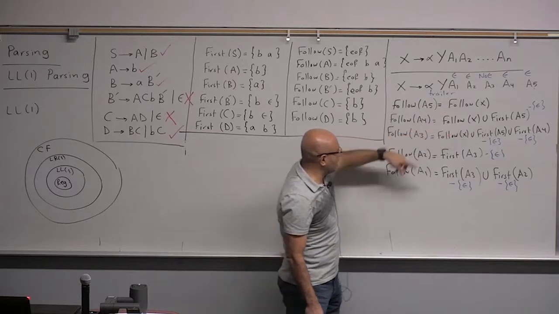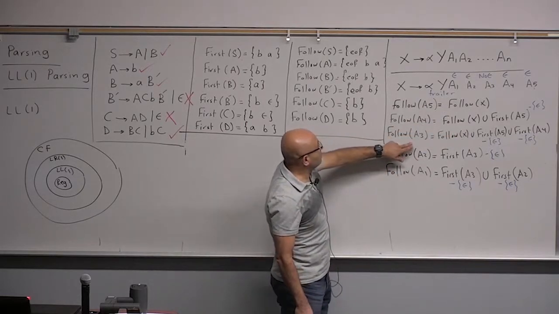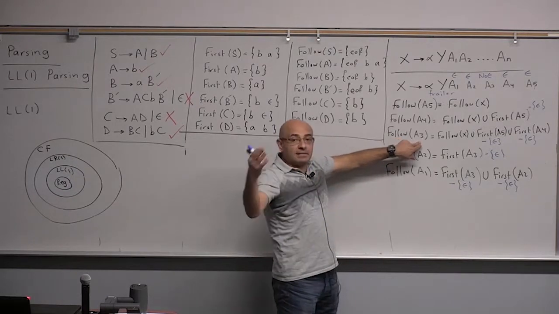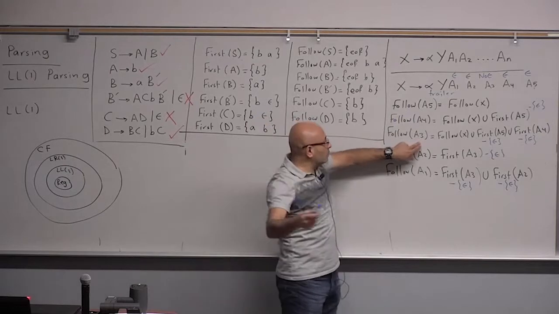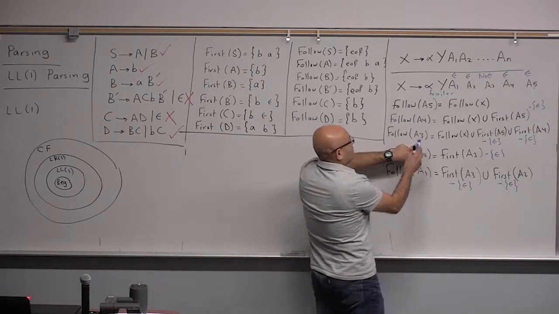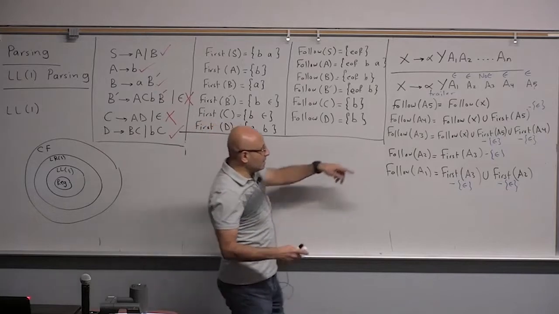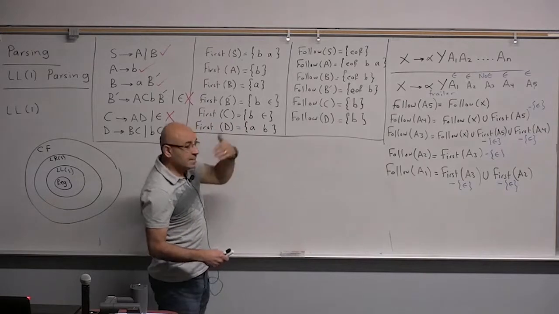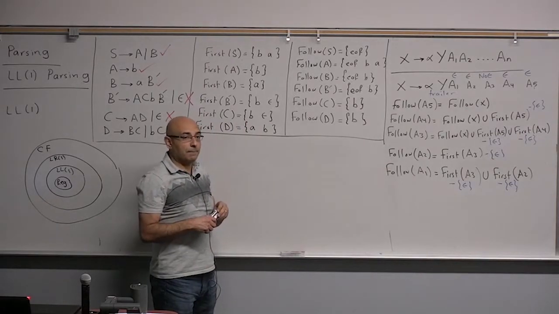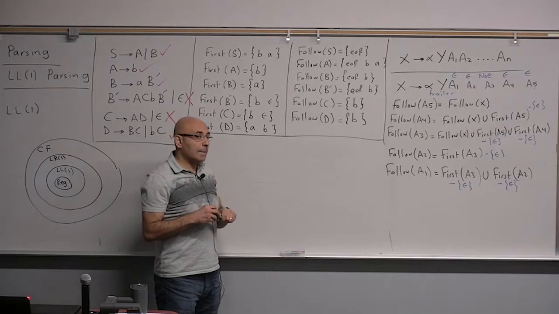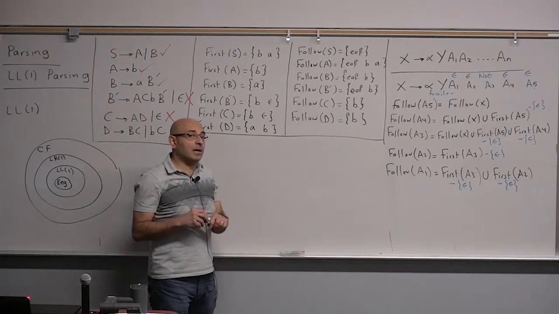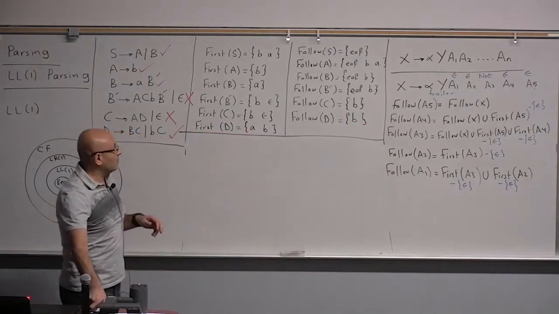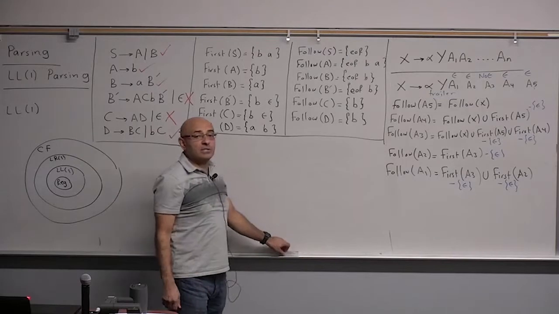You keep accumulating first, and when you get to a variable that does not have an epsilon in its first set, you reset the trailer to the first of this variable that doesn't have an epsilon, and then it starts accumulating from that point, and when it gets to another non-epsilon, it resets again, and so forth. Please go through the algorithm for computing the follow sets in the book. Any questions on this?